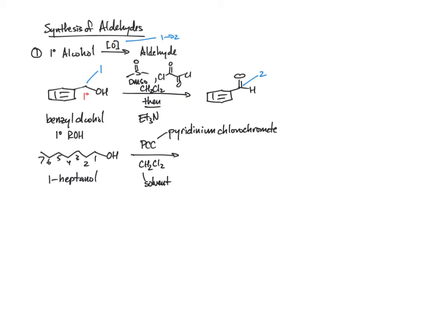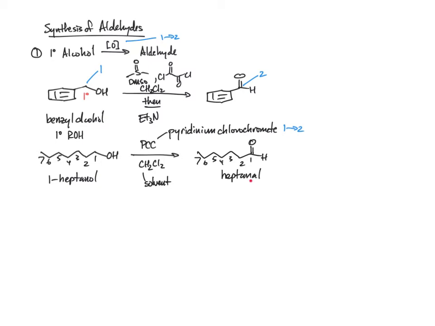And again, these conditions are going to do a 1-stage oxidation. So the primary alcohol is going to be oxidized to the aldehyde. So this is going to be heptanal.